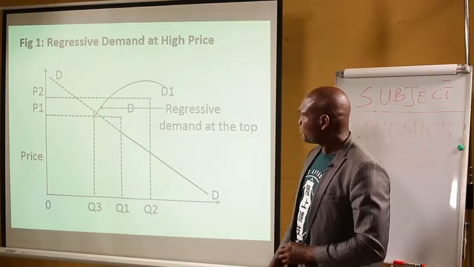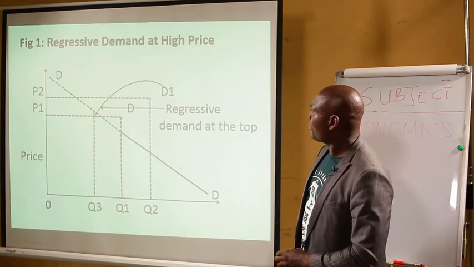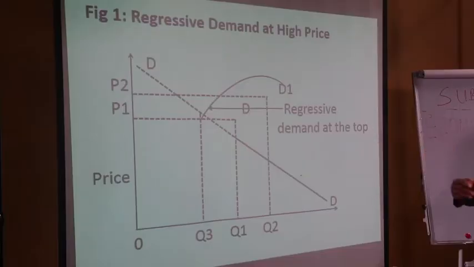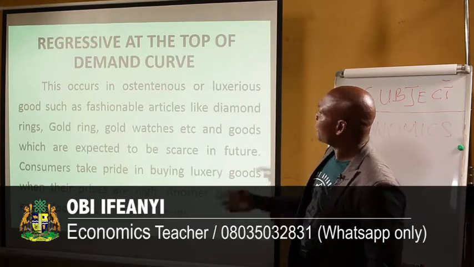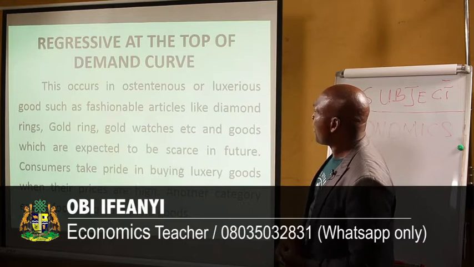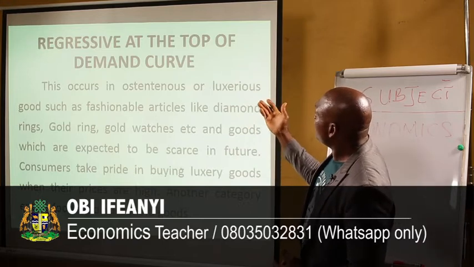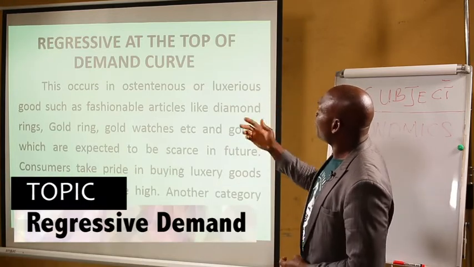If you look at our curve, you find that at price 1, quantity 1 was obtained. At price 2, you see quantity 2. The one we have talked about is regressive demand at a high price, just like here you see regressive demand at the top of the demand curve.